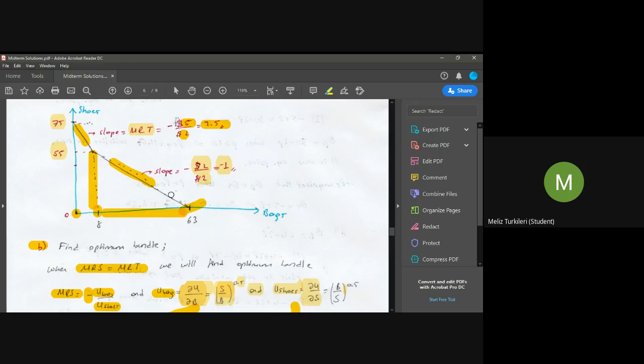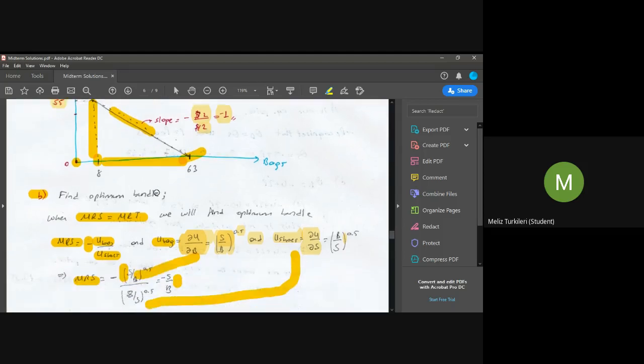So we have two different marginal rates of transfer, and we have one Cobb-Douglas utility function, and we don't know on which line our utility representation is going to be tangent to our line. Therefore, you have to check the tangency for both cases.